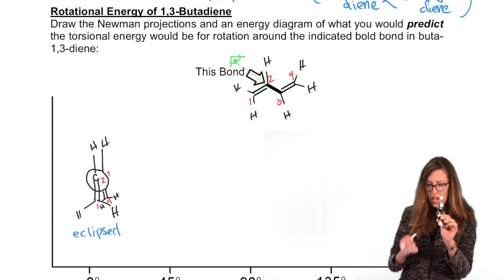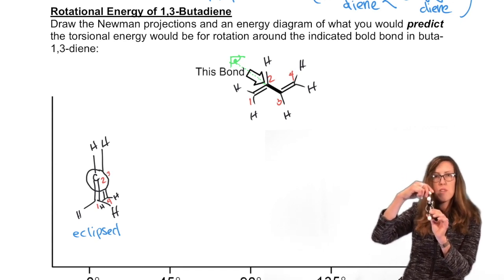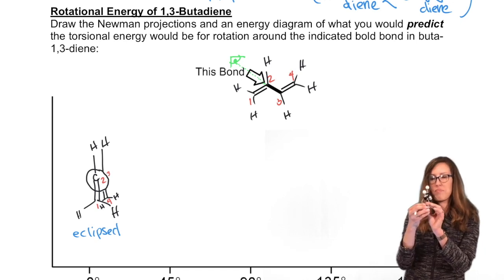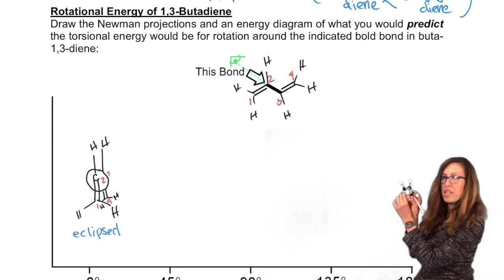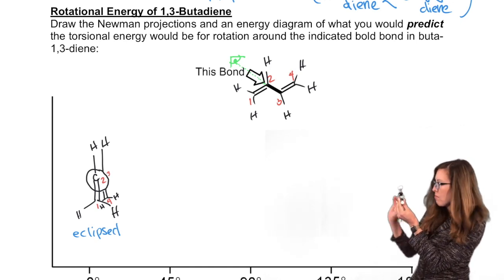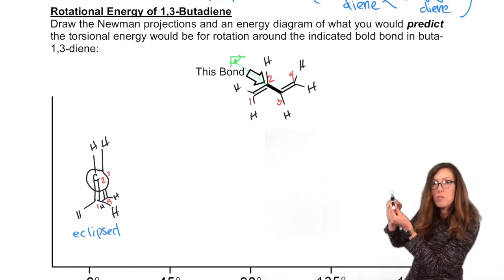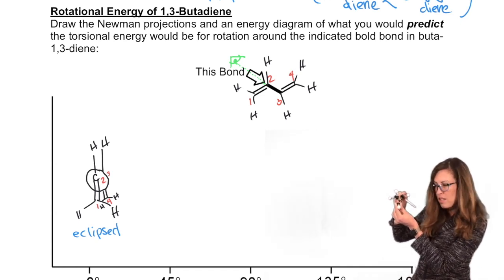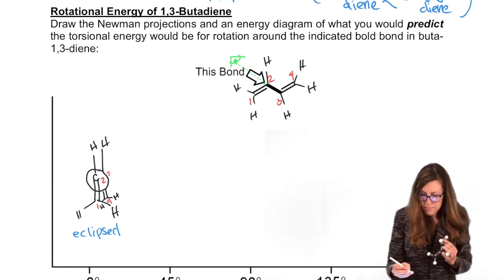Let's just skip to 90. So we could choose what we want to do: keep the front the same or the back. Let's rotate the back. I'm going to try to make it look like we're looking at the same thing. If I keep the front the same, I've rotated 90 degrees either way, it doesn't matter. That just means they're not going to be eclipsed anymore, they're going to be staggered. So let's rotate it up to our right.